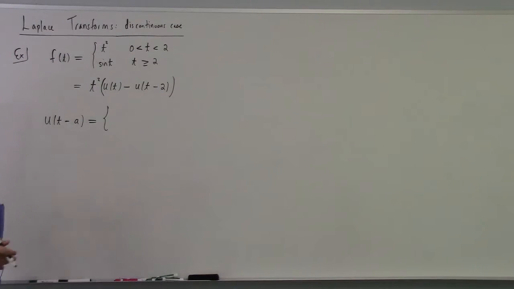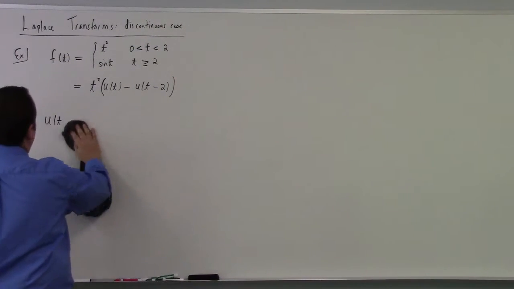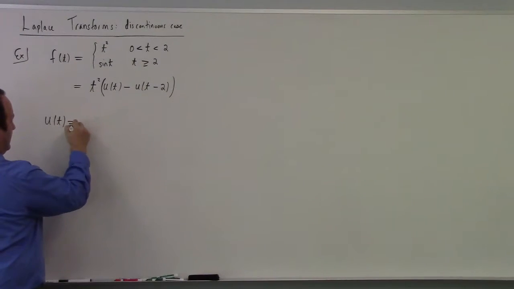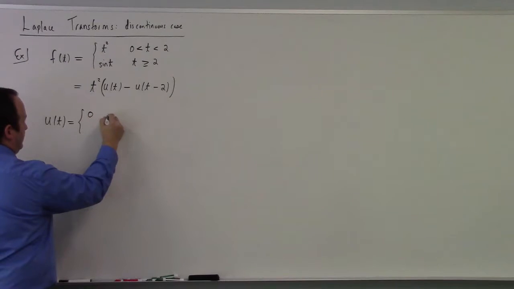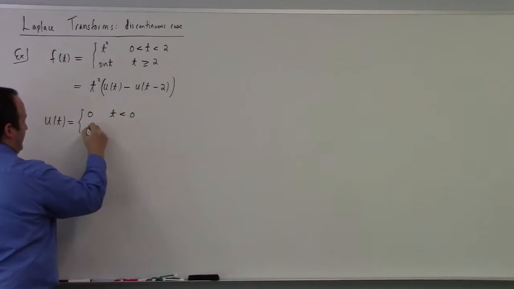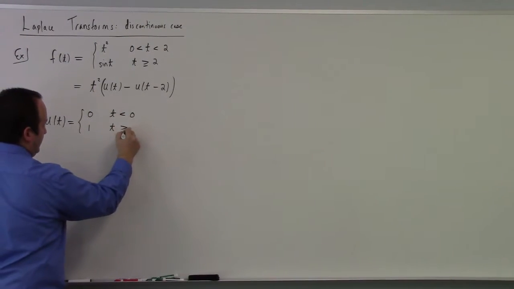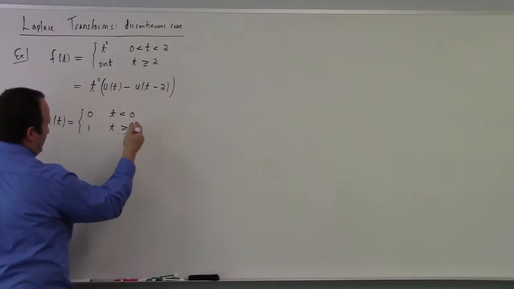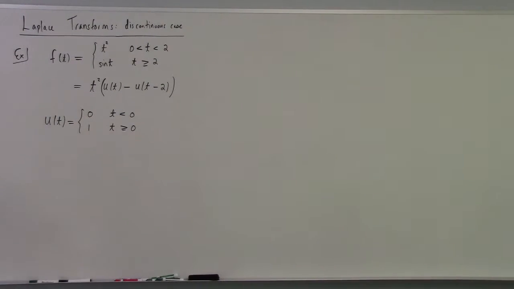U of t is the unit step function. It's 0 for t less than 0, and 1 for t greater than or equal to 0. Honestly, I don't know whether the equality goes with one or the other. It doesn't really matter. So this is the so-called unit step function.